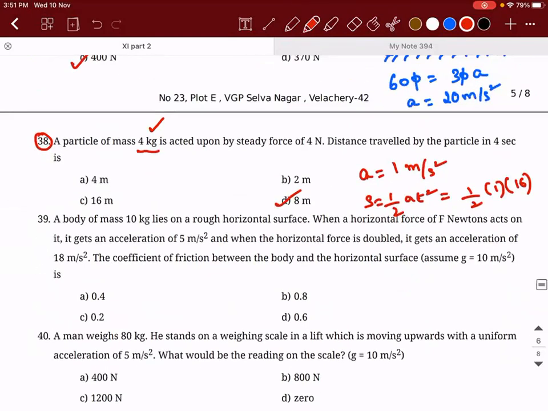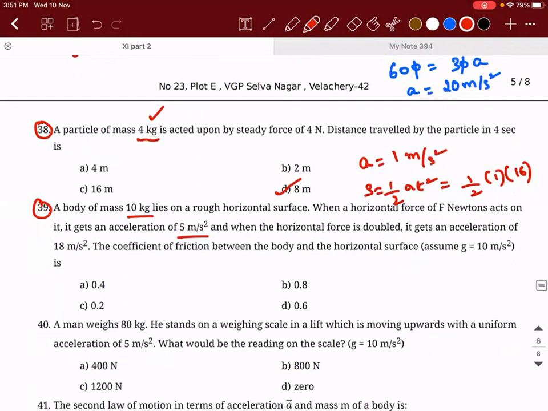Okay, 39th. There is an object of mass 10 kilogram that lies on a rough horizontal surface. When a horizontal force of F Newton acts on it, it gets an acceleration of 5 meters per second square. When the horizontal force is doubled, it gets an acceleration of 18 meters per second square. The coefficient of friction between the body and the surface is?